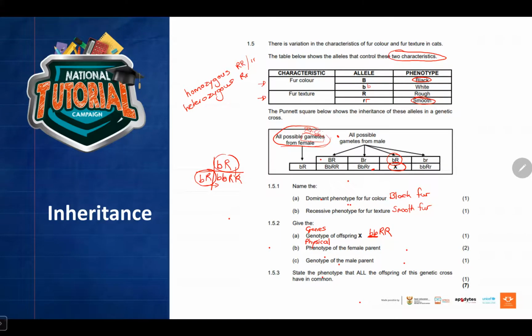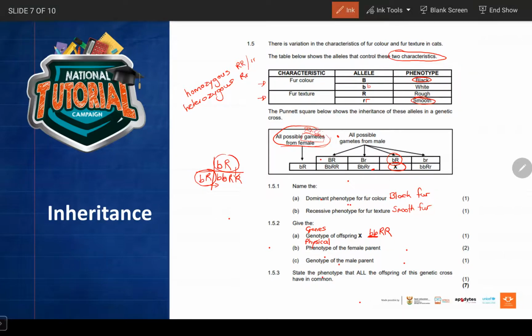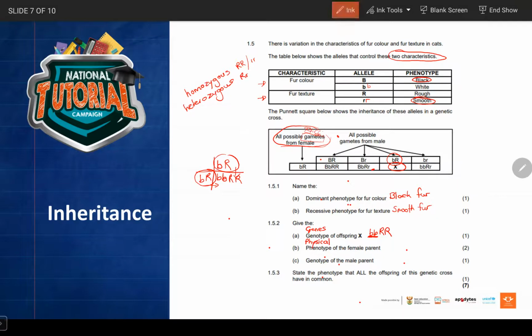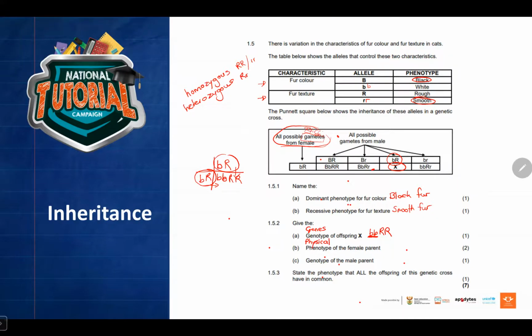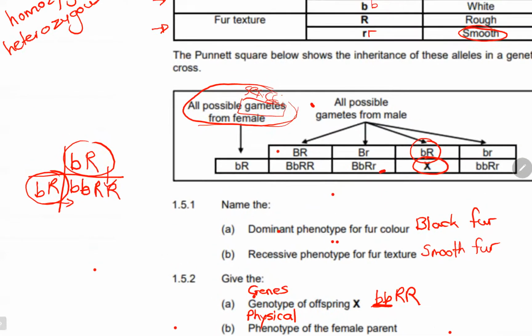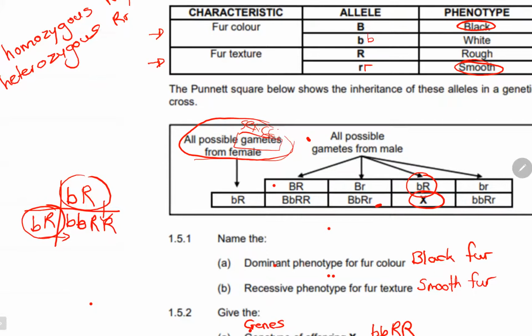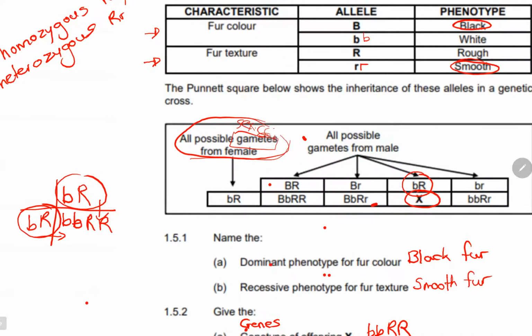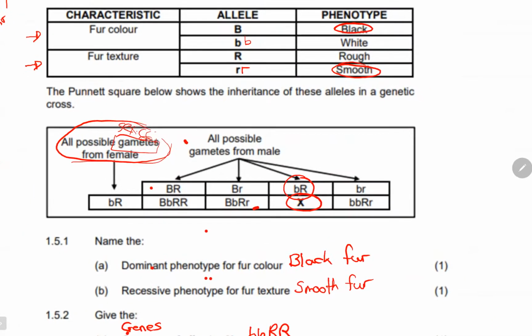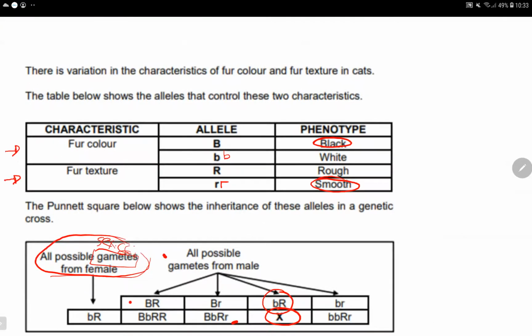If we look at what they gave us, the gametes include the big R and the big B here, and in the second one, small r, small b, big R, and small b and small r. Put all of the variations together, and it means he's actually sending one of each.